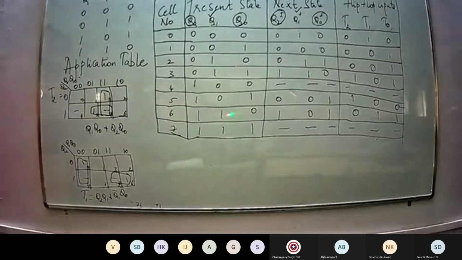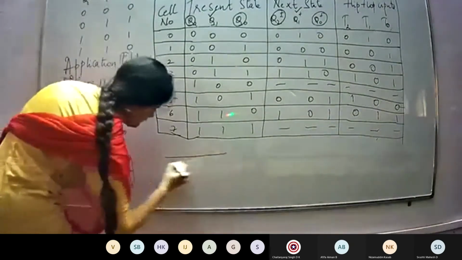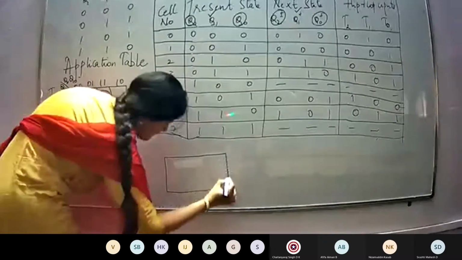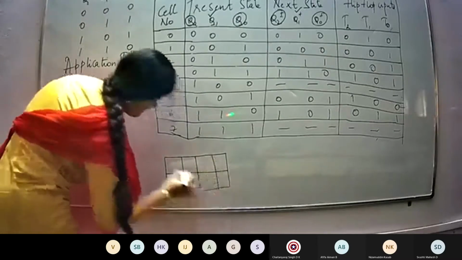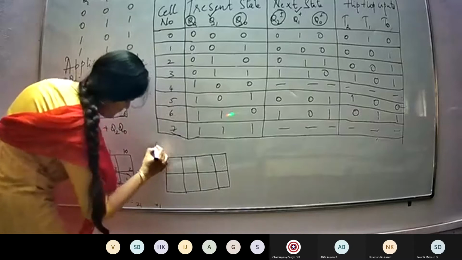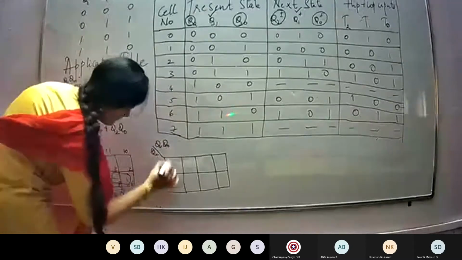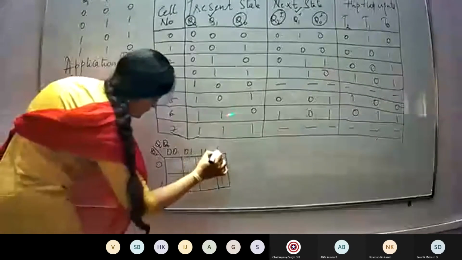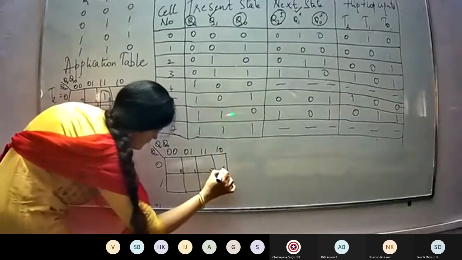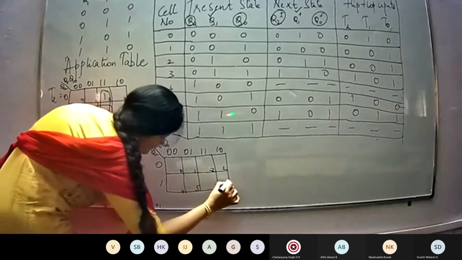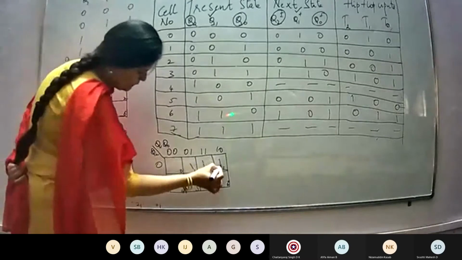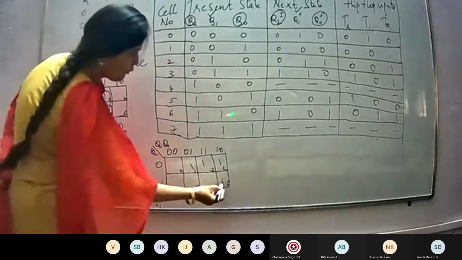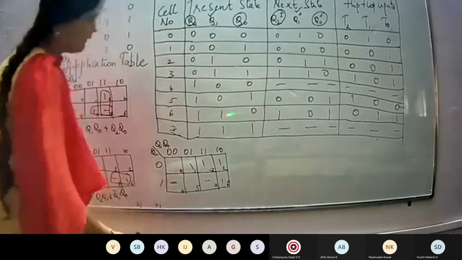In the same way, put the K map for T0. Where it is 1: cell numbers 1, 2, 3 and 6. 4 and 7 are again don't care terms.